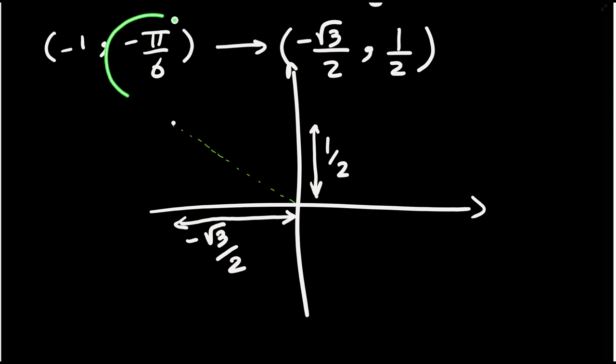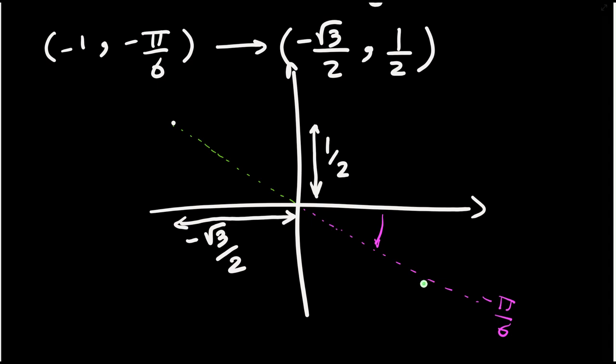But here we have negative pi over 6. Negative pi over 6 is the opposite direction, in the fourth quadrant. This is negative pi over 6. The movement is in this direction. But r is negative 1.